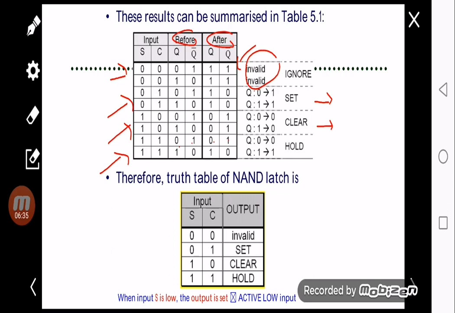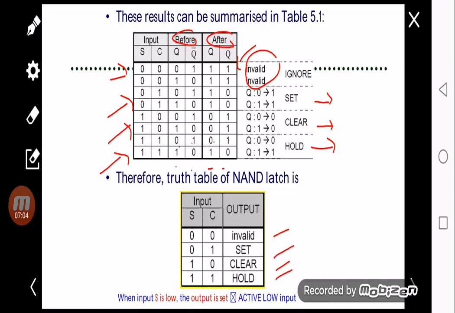If the Q before is 1, 0, the output will also be 1, 0. That means it holds the previous output; it remains unchanged. So in the truth table of the NAND latch, 0, 0 is invalid, 0, 1 is set, 1, 0 is clear, and 1, 1 is hold.